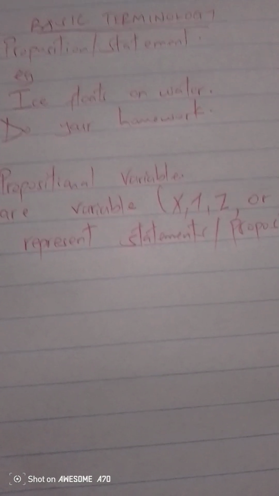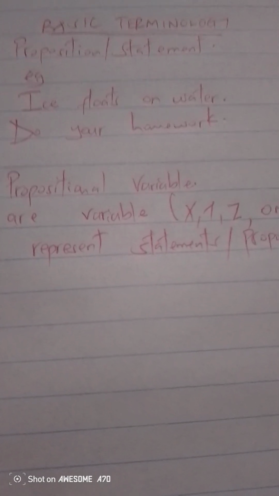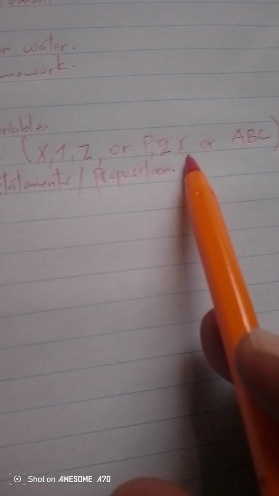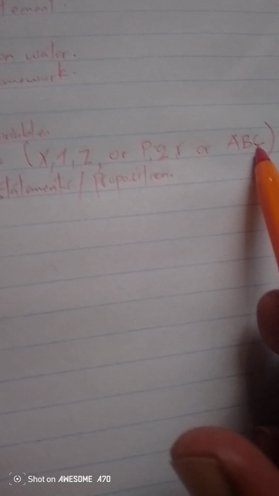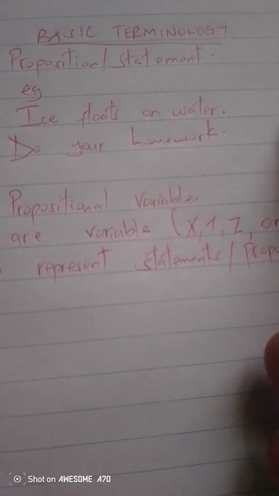So now in this case we can say that in a propositional variable we use symbols. We use symbols, for example, x, y, z, or we can use the symbols p, q, r, or we can use the symbols capital A, capital B, and capital C to represent these propositional statements.